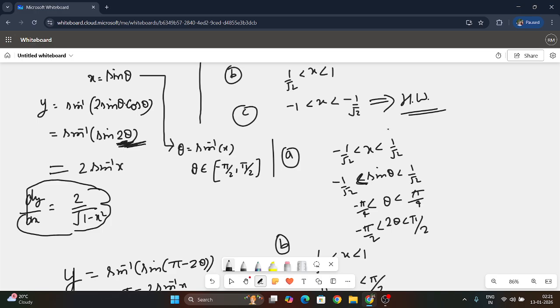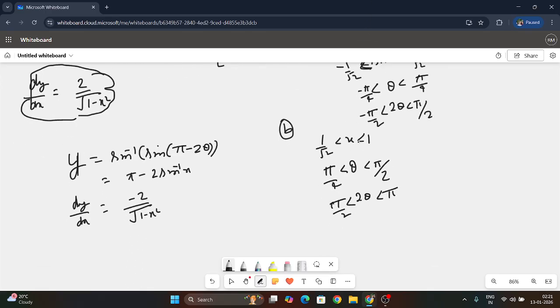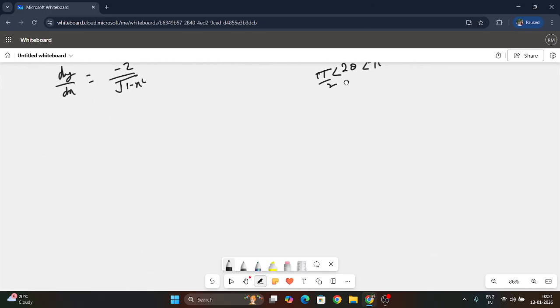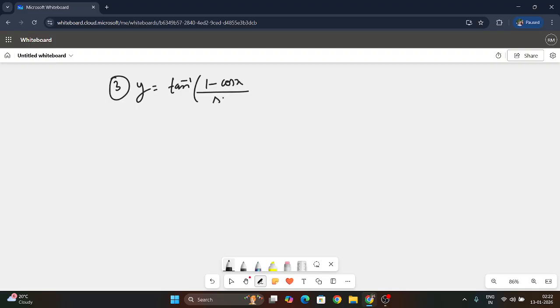And the next question is what? We have taken another problem, where y is given as tan inverse of (1 minus cos x) by sin x, and x is greater than minus pi and less than pi.